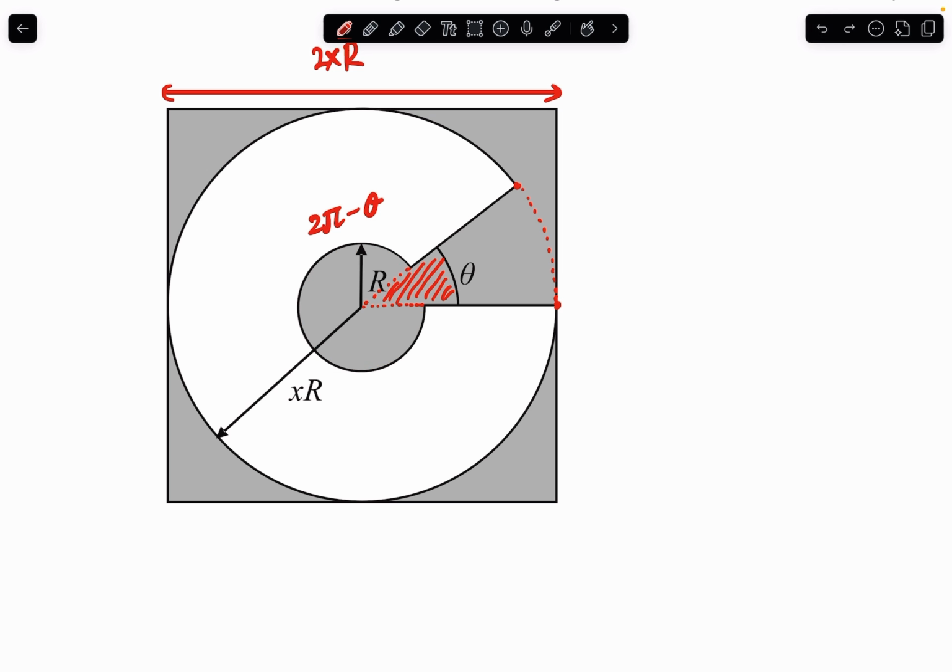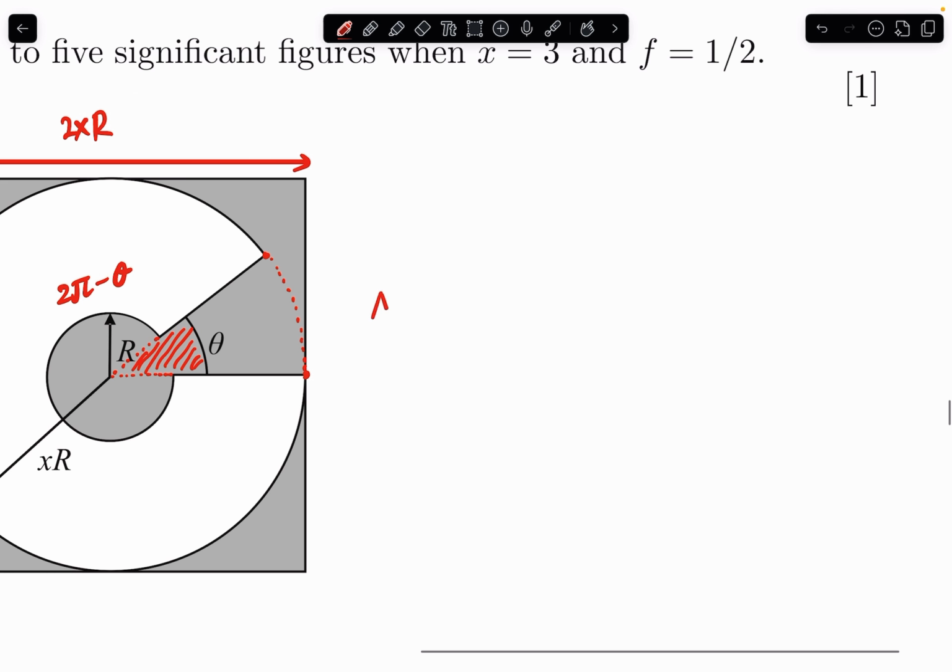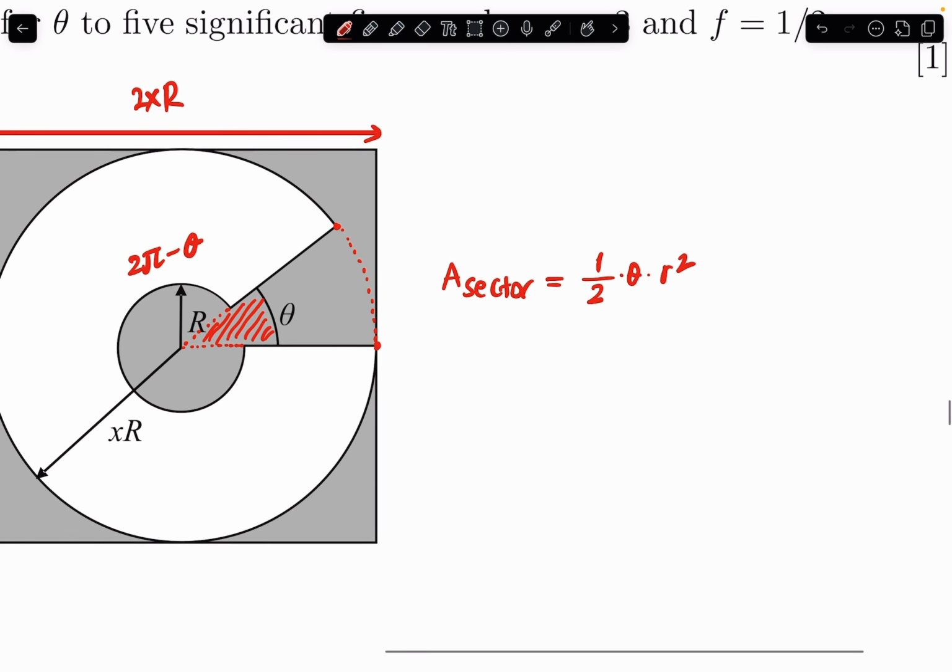So by using the area of a sector formula, I can find the area of the white sector. The area of a sector is 1 over 2 times theta times r squared, where theta is the angle of the sector.